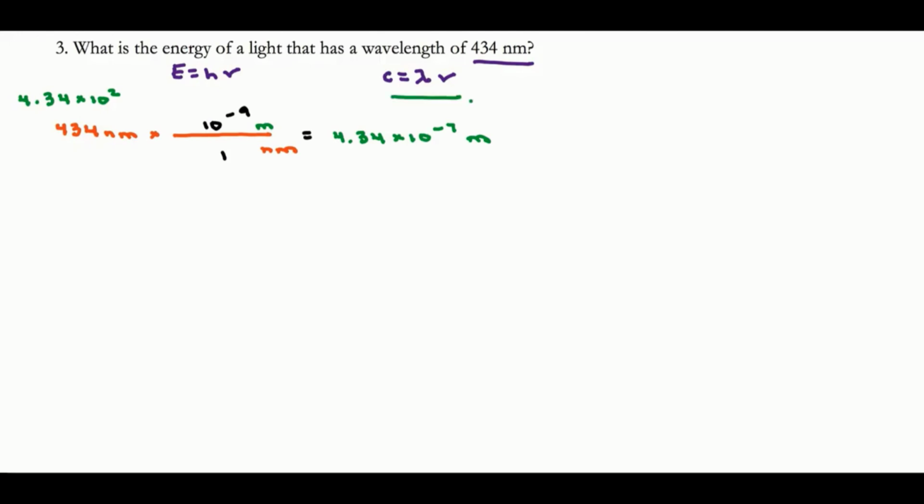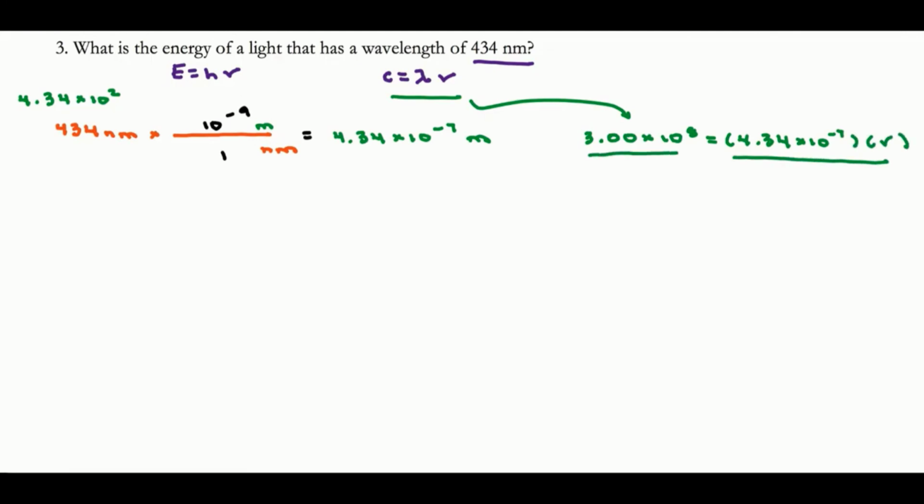So I'm going to use this formula. My speed of light is 3.00 times 10 to the 8th. I now know my wavelength in meters is 4.34 times 10 to the negative 7th, and I'm solving for my frequency. So I'm going to divide both sides by my wavelength.